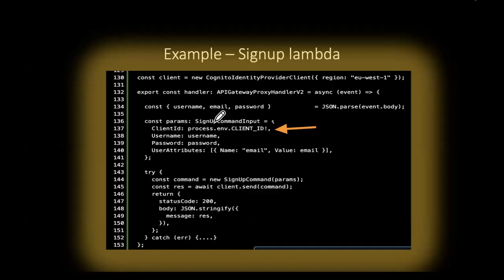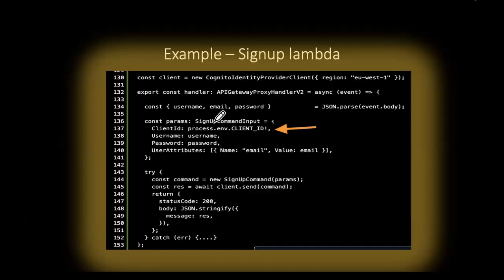And then we invoke the send method of that client and we pass it a command object as a parameter, right? So in the case of DynamoDB, there was an update command object if we wanted to update an item in the table. There was a put command object if we wanted to add a new item to a table.